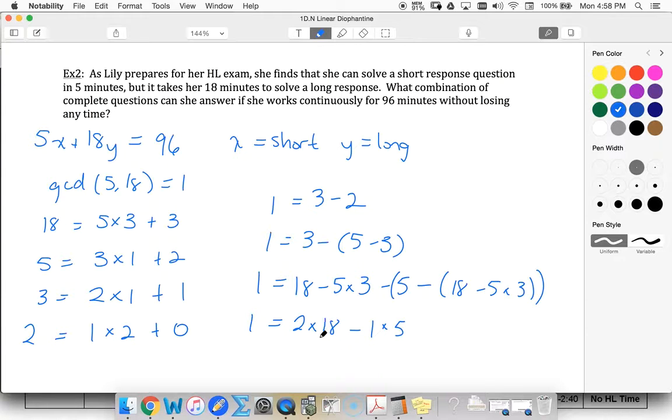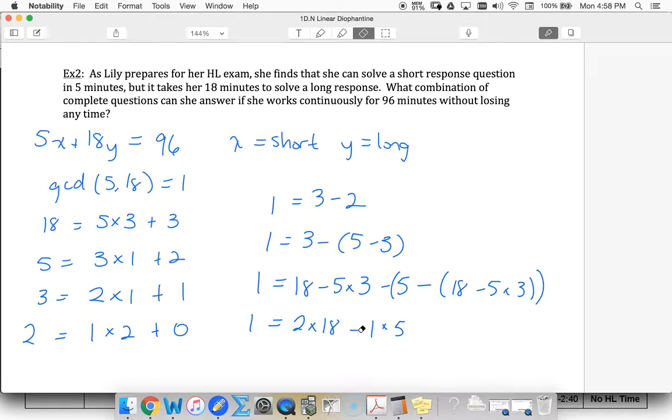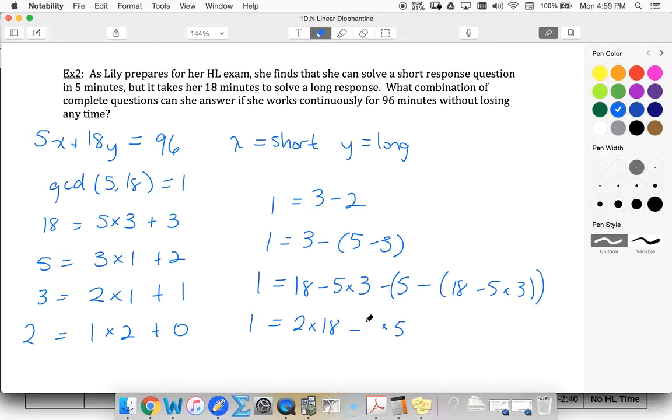This doesn't make sense. 2 times 18 minus 5 definitely does not equal 1, so somewhere we've gone wrong here. This would make a positive. That means that is still minus there. So then we have minus 7 times 5. All right, that makes more sense.